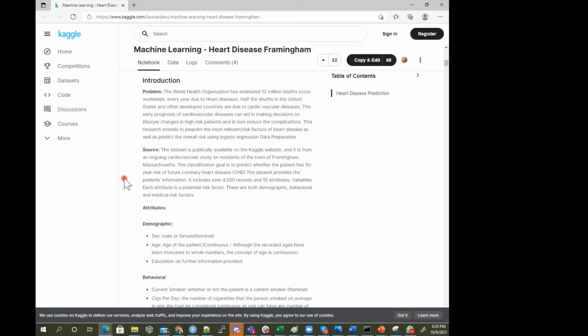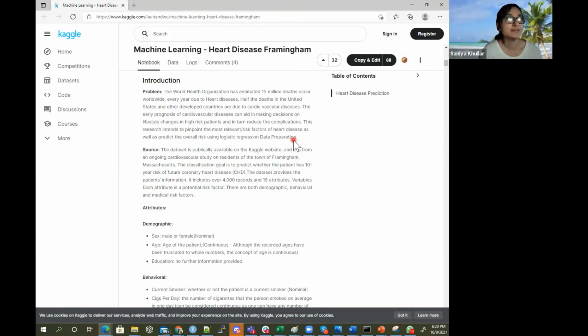This research intends to pinpoint the most relevant risk factors of heart disease, as well as predict the overall risk using logistic regression and data preparation. Great, thanks. So they can use logistic regression to predict the overall risk, a probability of that.